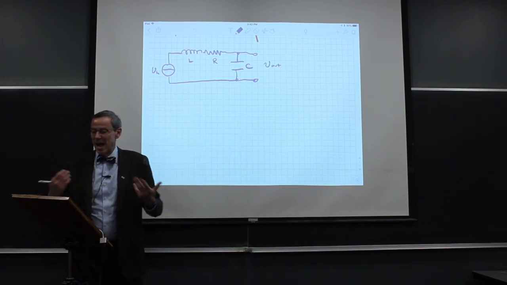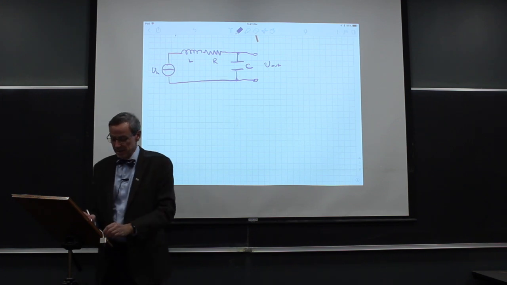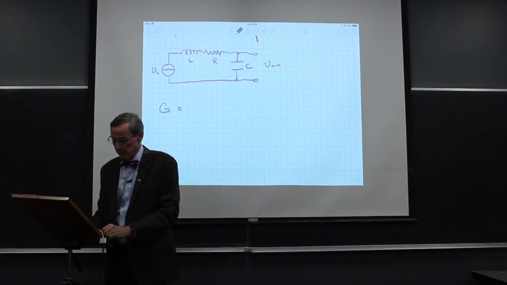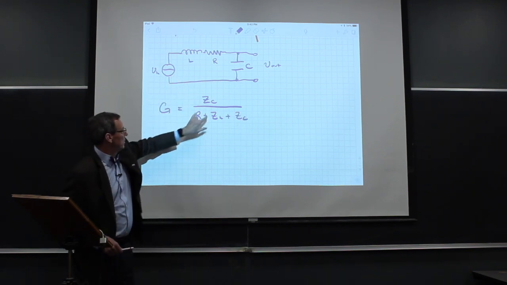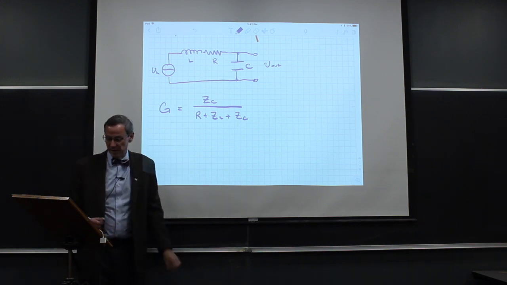This is exactly the same thing we had before. The gain is just going to be the impedance of the capacitor over the resistor plus the impedance of the inductor plus the impedance of the capacitor. So all these components here, and we just need to work that out.